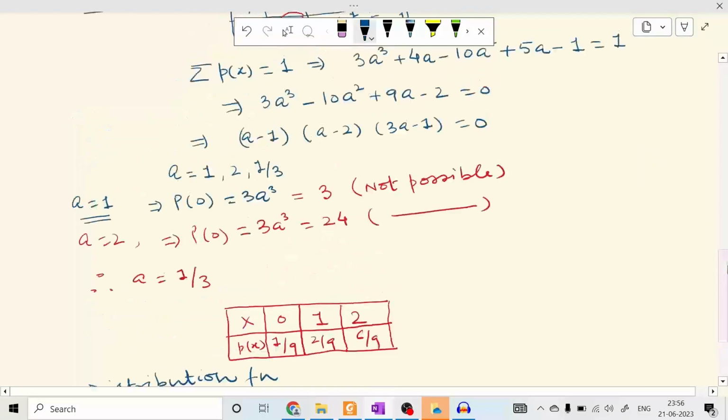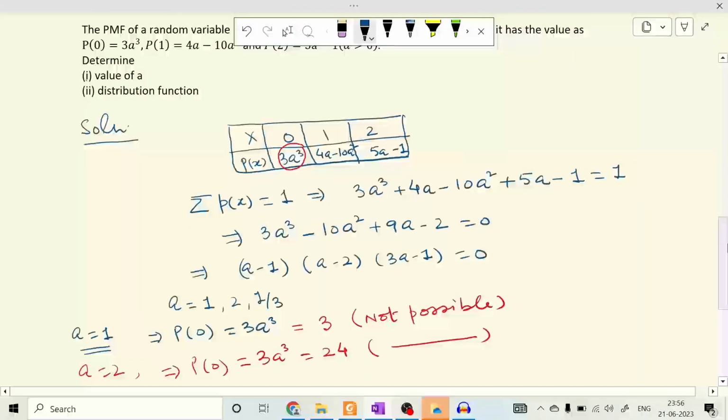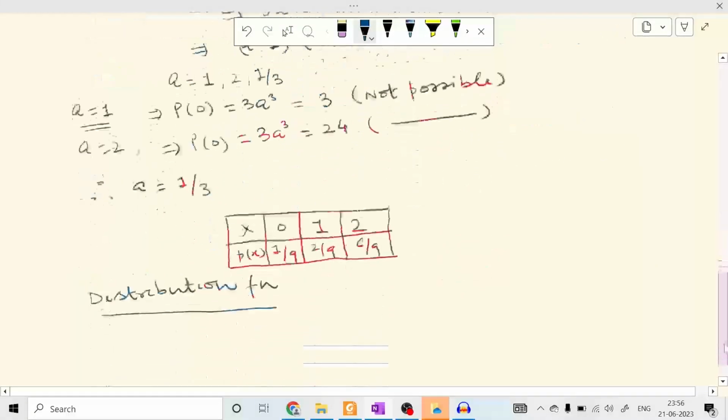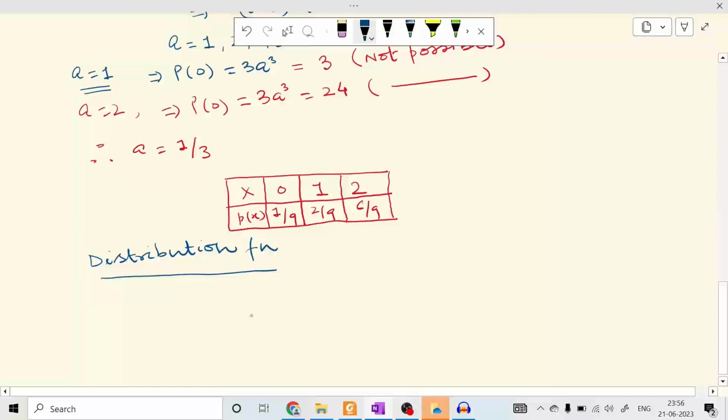As you can see in this problem, we have to solve two parts. First one is to find out the value of a, and the second one is the distribution function. So distribution function F(x), you can write it as: when x is less than 0, of course the value is 0, because there is no point available less than 0 which has a non-zero value of the probability.